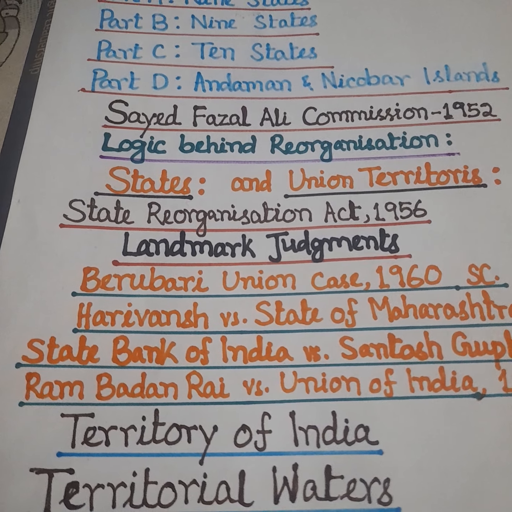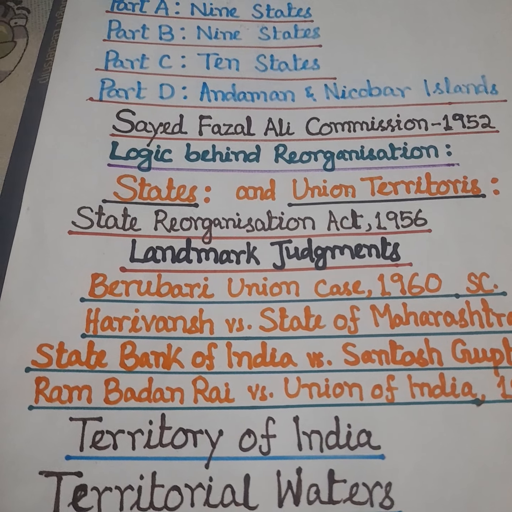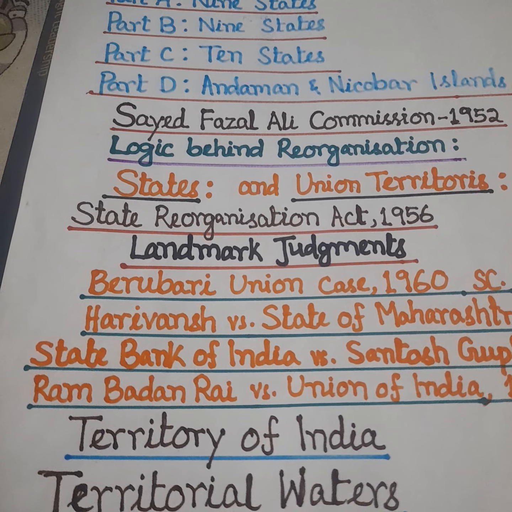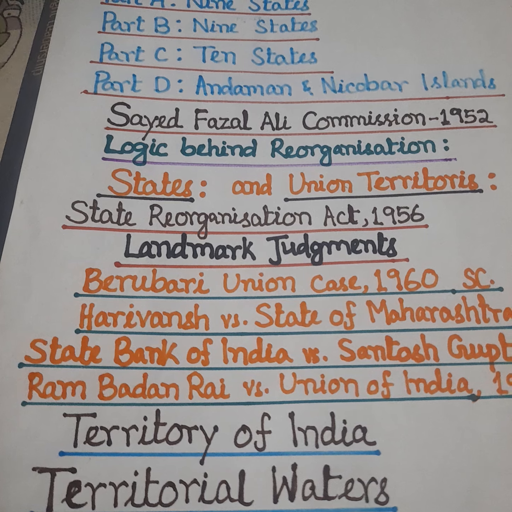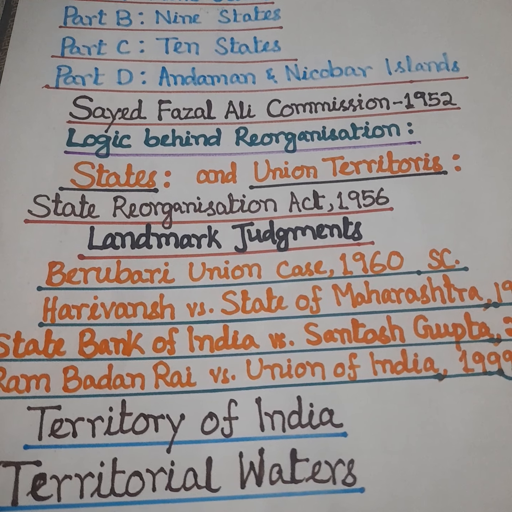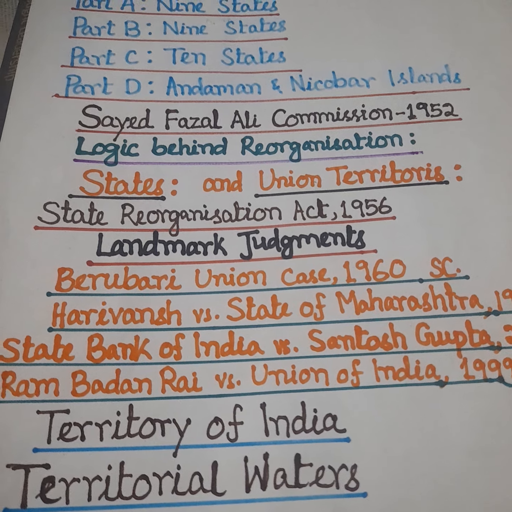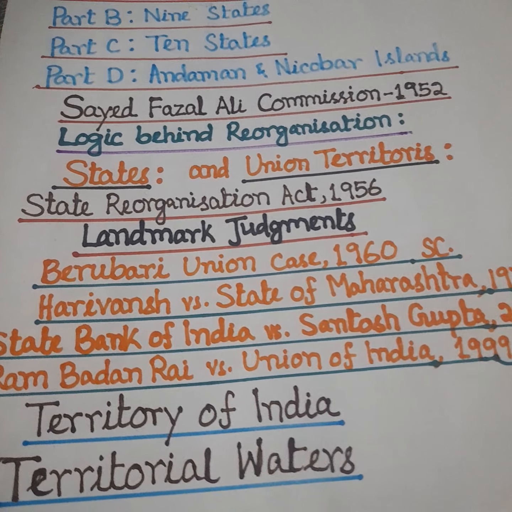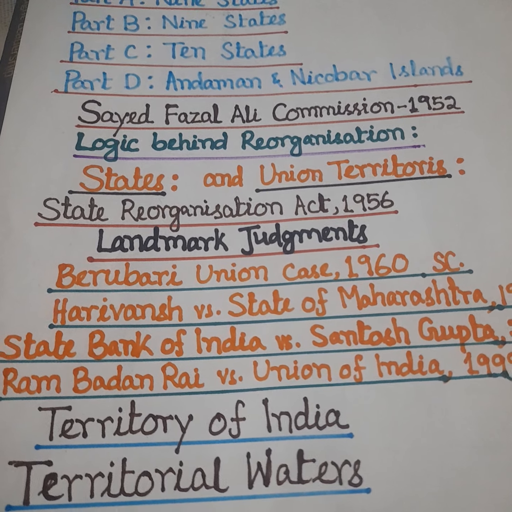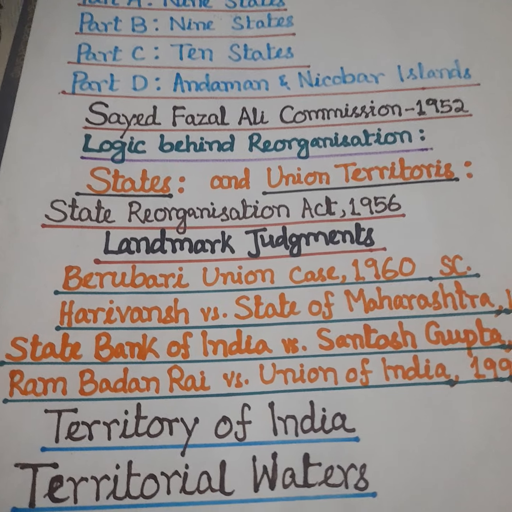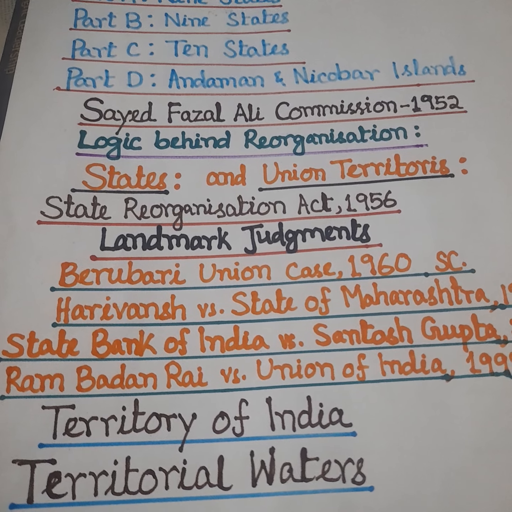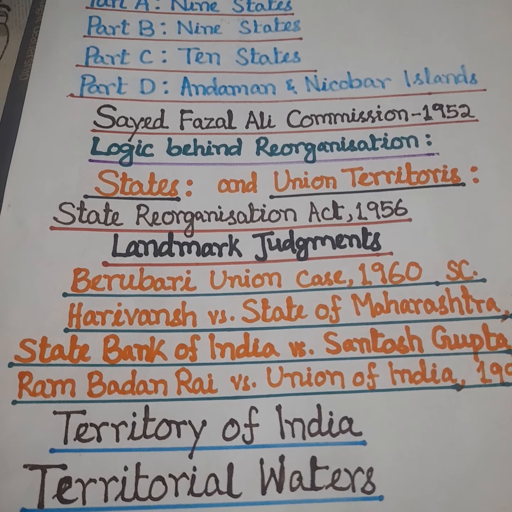Also, Punjab, Haryana, and Himachal Pradesh were carved out in 1966 under the Punjab Reorganization Act of 1966, which led to the creation of Punjab for Sikhs and Punjabi speakers, Haryana for Hindi speakers, and Himachal Pradesh for hilly terrain, and Chandigarh remained as a union territory.